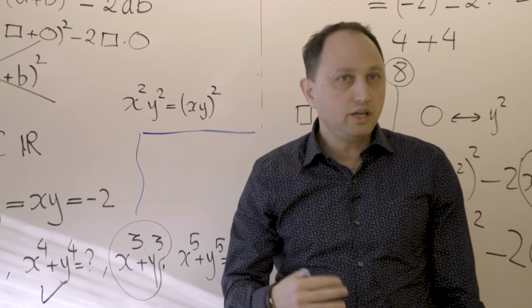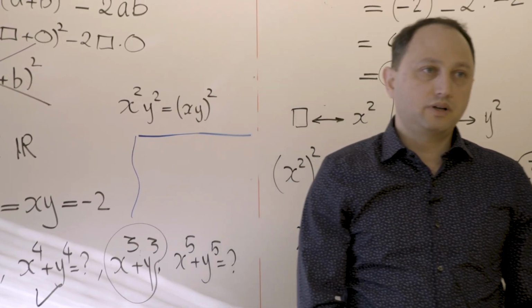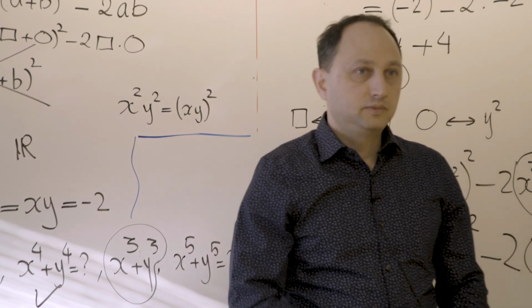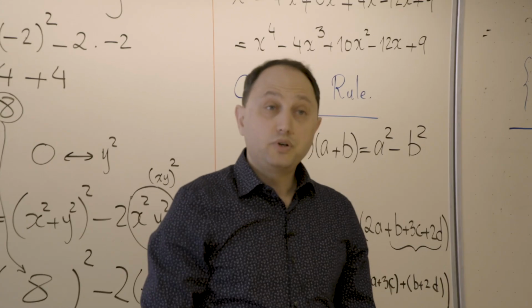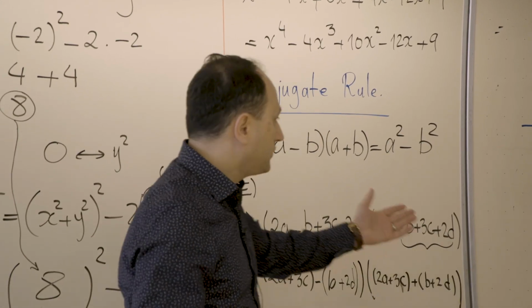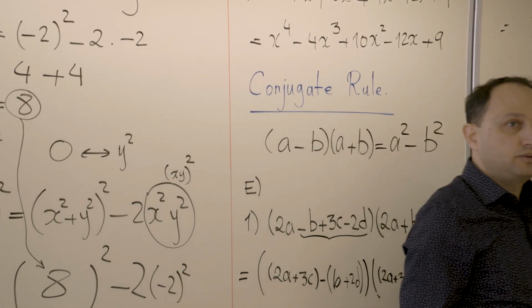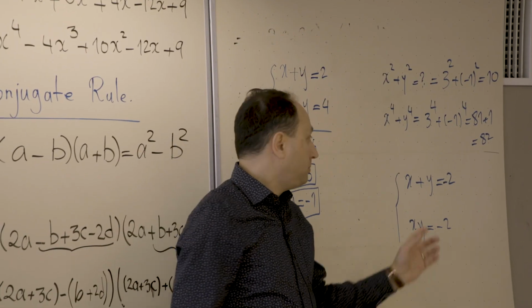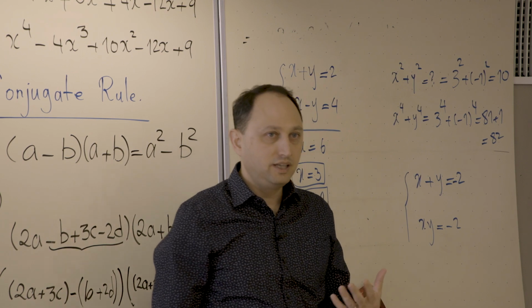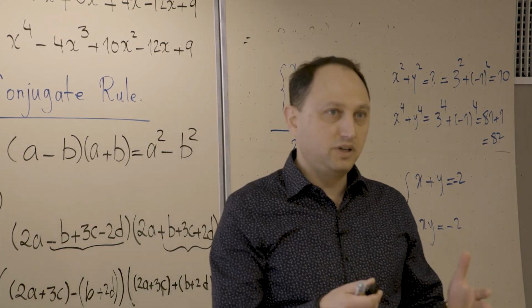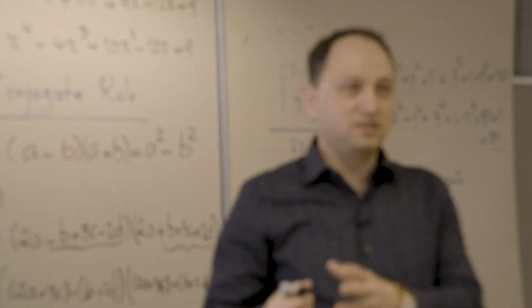So why do you think I have to change my strategy? Yes, please? We don't have enough information to solve this. No, in principle we have. How many unknowns do we have in this system? 2. How many pieces of information do I have? 2. Usually, if that's the case, the number of data that I have matches the number of unknowns.